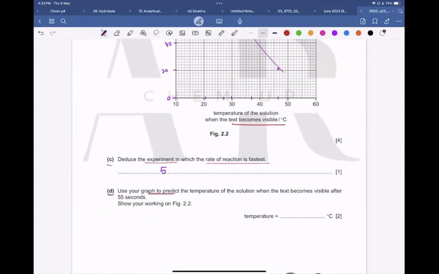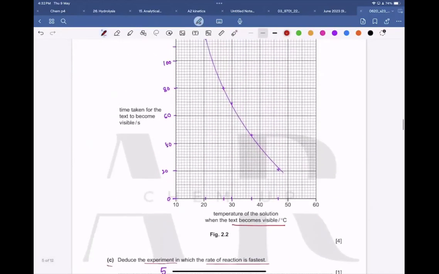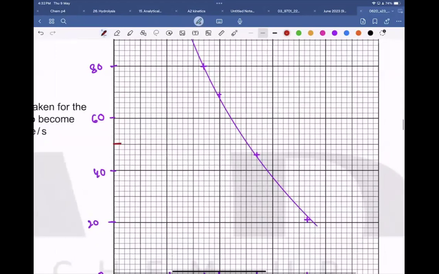Now, use your graph to predict the temperature of the solution when the text becomes visible after 55 seconds. Show your working on figure 2.2. Okay, so at 55 seconds, we have to identify. So if you see over here, this is going to be 50 and this is going to be 55.